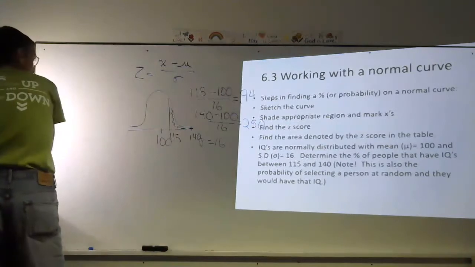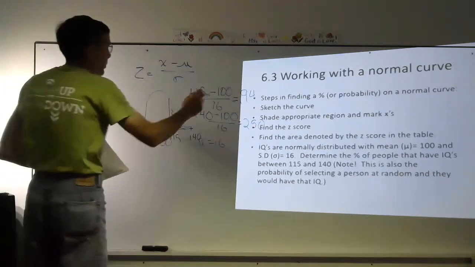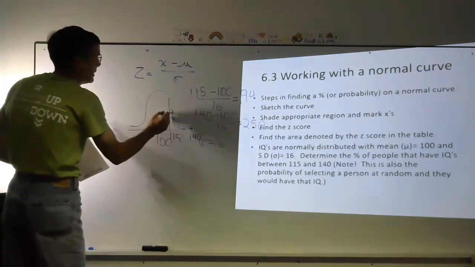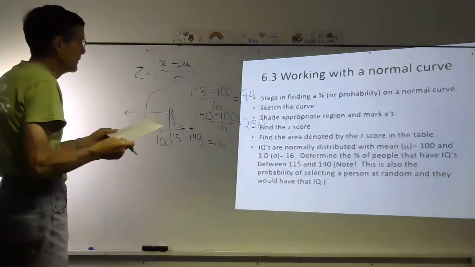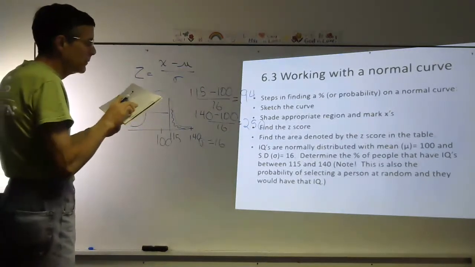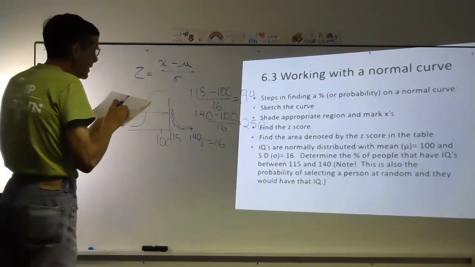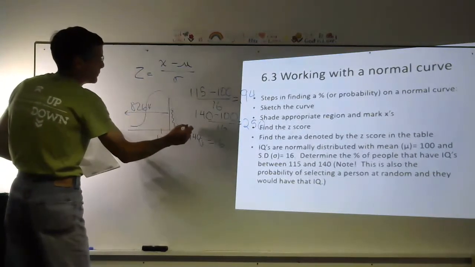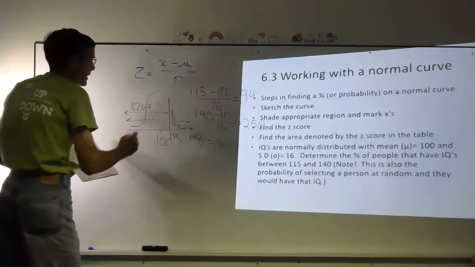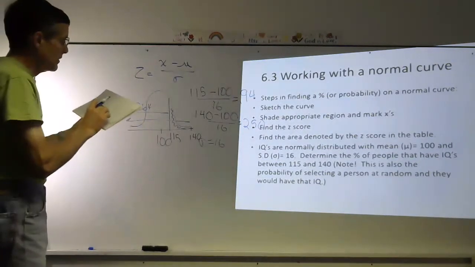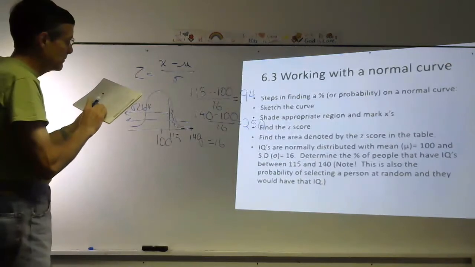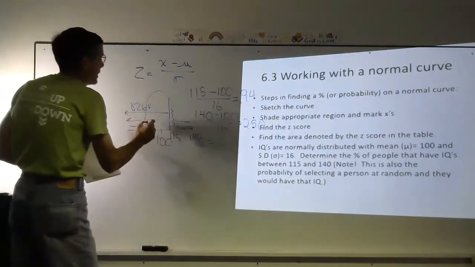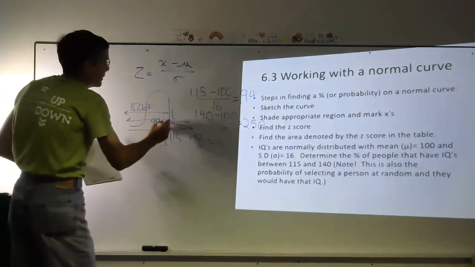Let's look it up. So 0.94, the area from here and down. If I look up 0.94, I get an area of 0.8264. If I go from over here at 140 and down, that's a z of 2.5, and 2.5 is 0.9938. There are my two areas.